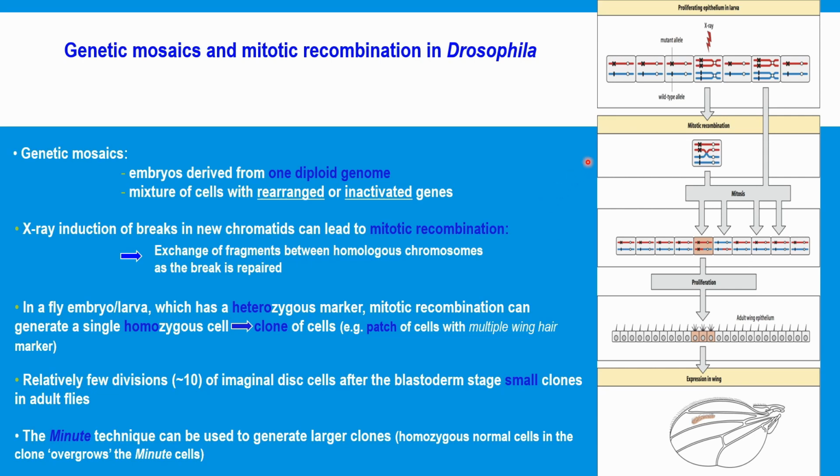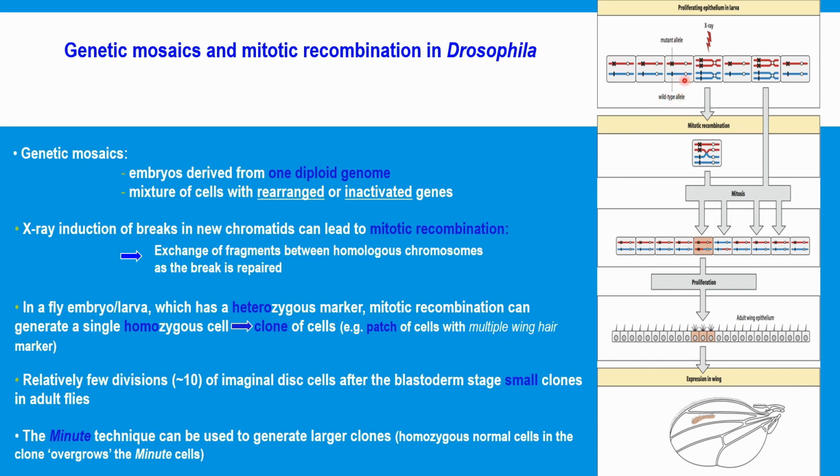So we can use this technique to study homozygous mutant clones of cells in a heterozygous background. That's the key use of it.